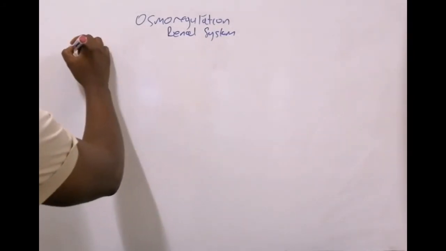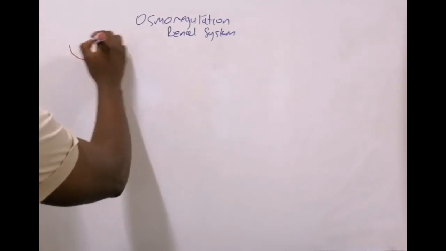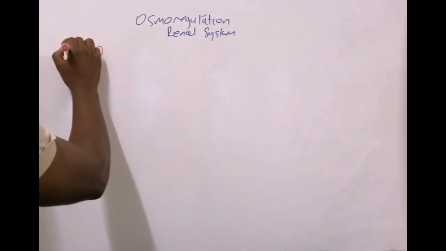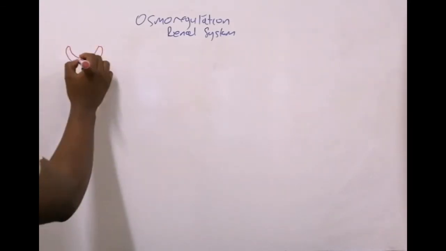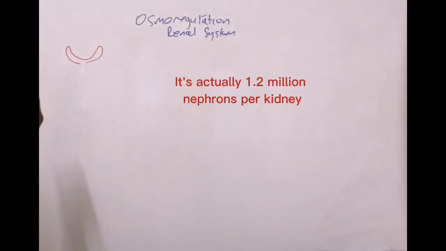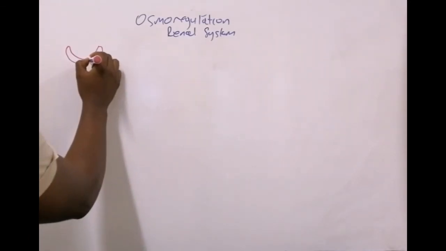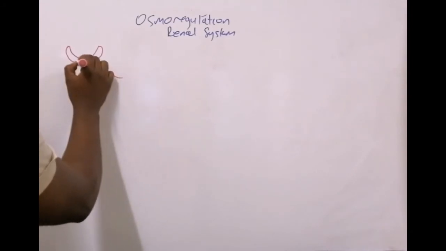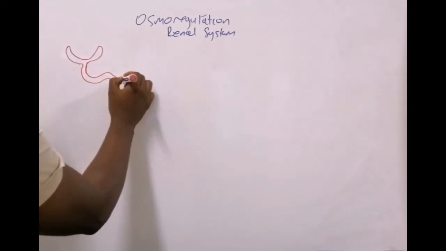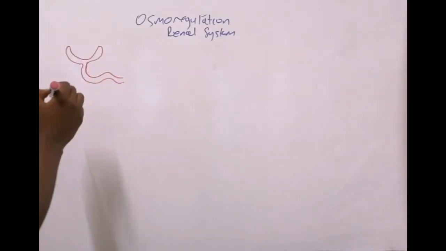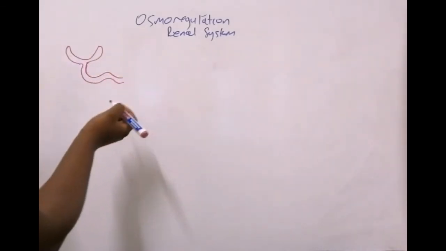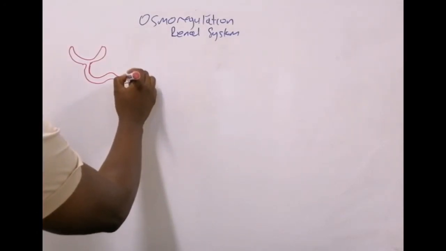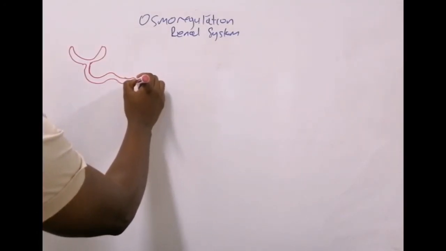As we all know, each kidney has about 1.2 million nephrons, and the nephron is the basic structure of the kidney.